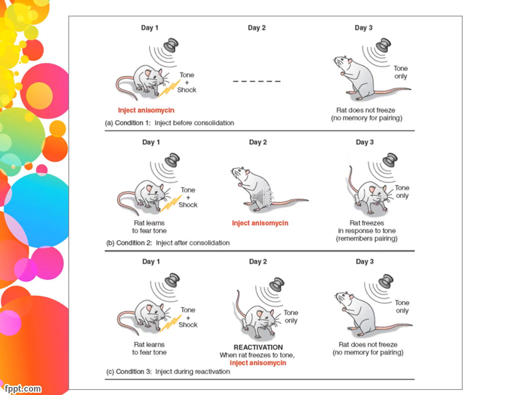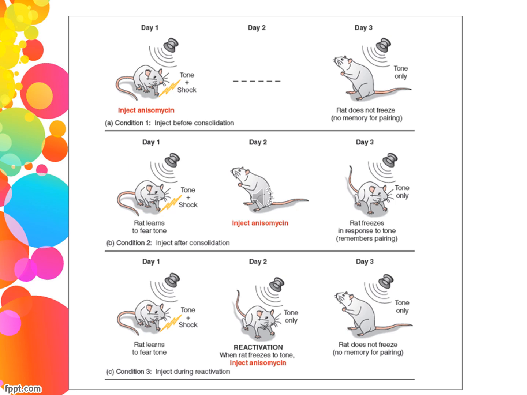The experimenters tried to understand this phenomenon using rats, to study what the outcome would be. They assigned the rats into 3 conditions. In the first condition, they inject anisomycin before the consolidation happens.